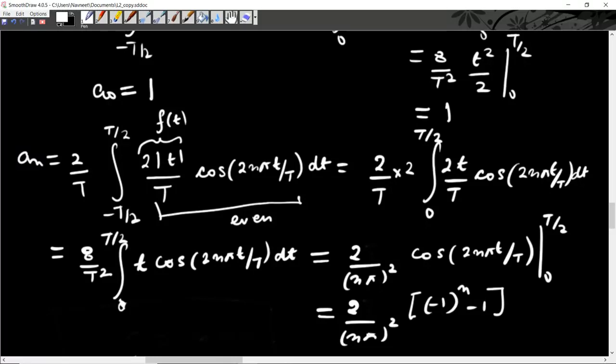This is what I get: 2 divided by n pi squared times minus 1 raised to power n minus 1. In this case, this term minus 1 raised to power n comes from the cosine n pi term after we substitute lowercase t equals capital T by 2.